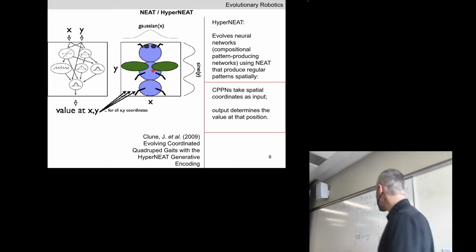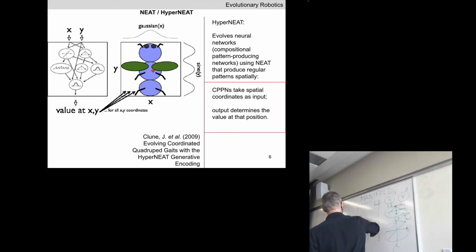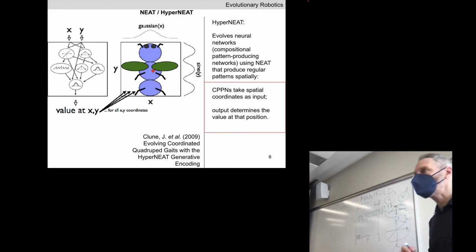There used to be a website, I don't think it's active anymore, you can check it out, called PicBreeder. PicBreeder was kind of a citizen science project. You could go to PicBreeder and choose which images you thought were prettier than other images.